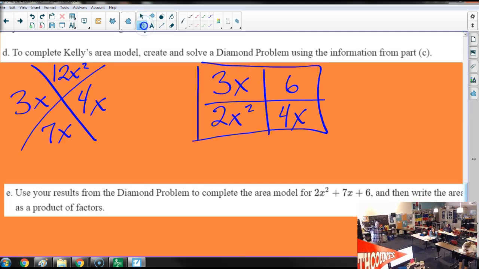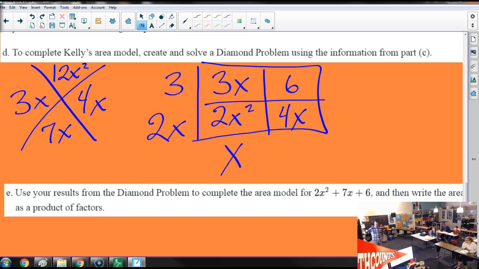So, I look across, right? 2x squared and 4x, what do they share? A 2x. So then this must be x, meaning this must be 2. Check that they all work, and then we write out our factored form, x plus 2, 2x plus 3.